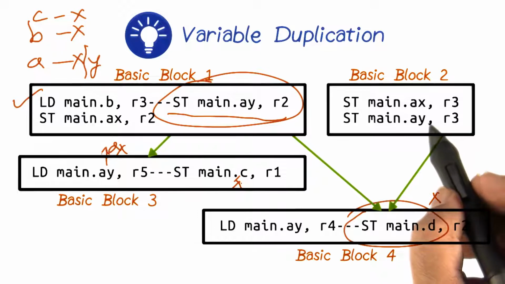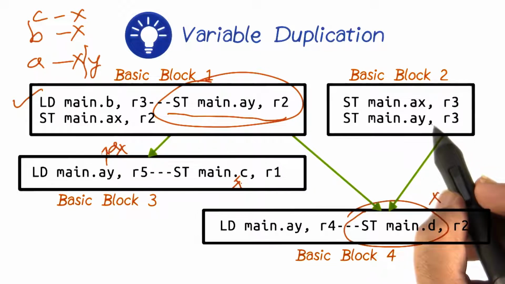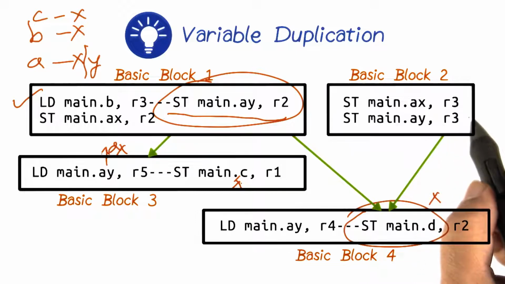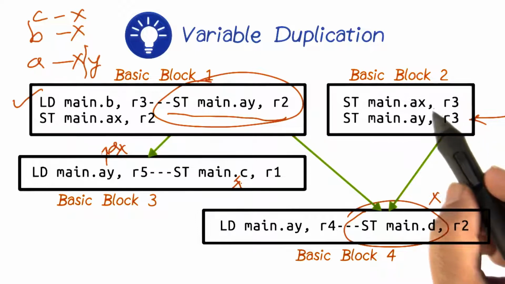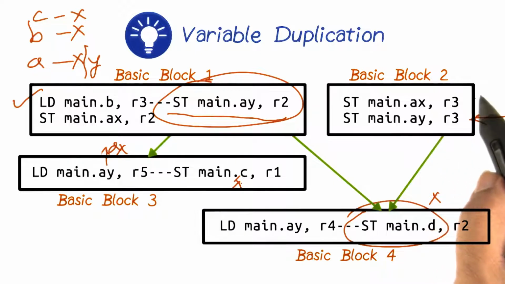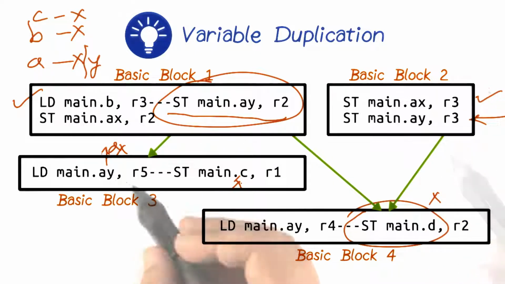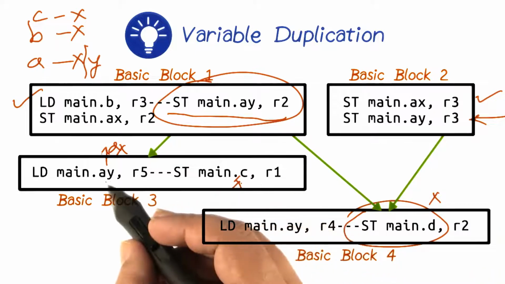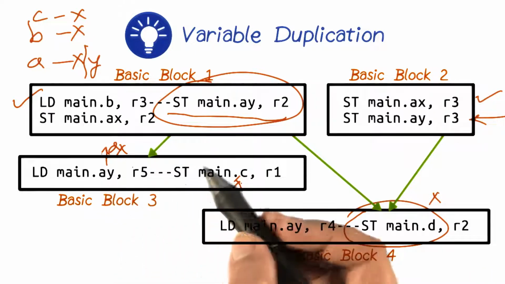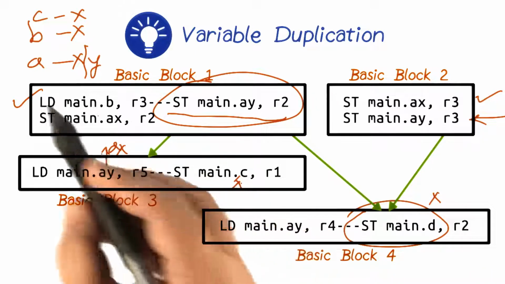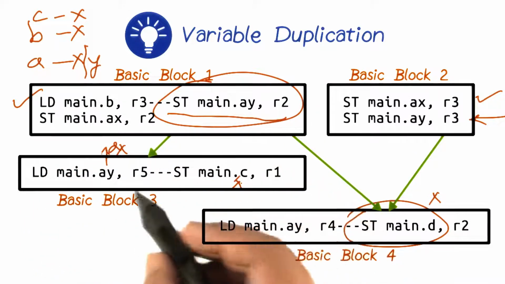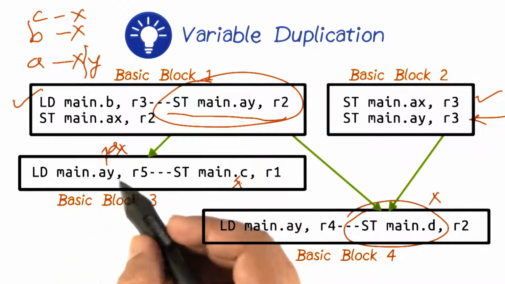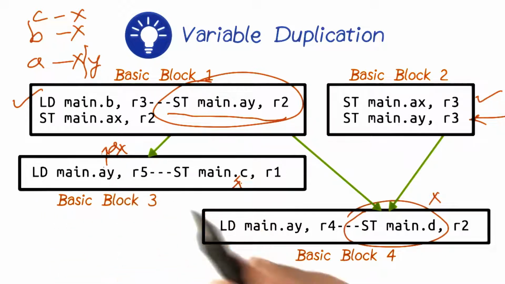We inserted another store here for storing the value in Y bank, as you can see. And now we have these two stores, one going to X, second to Y. They could also be parallelized. And now, focusing on this load, which was coming out of the X bank earlier, remember A was only in X bank. Now A is also found in Y bank. So we decided to convert this load to come out of the Y bank.